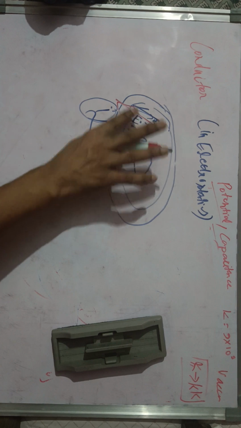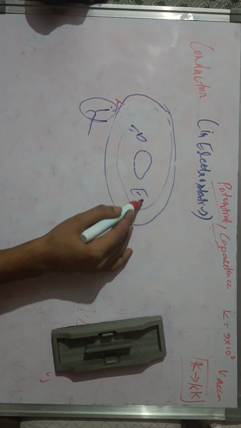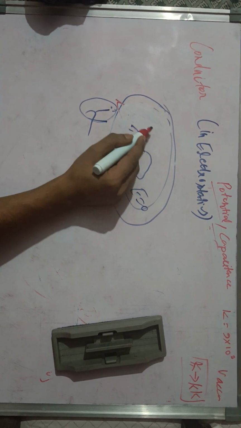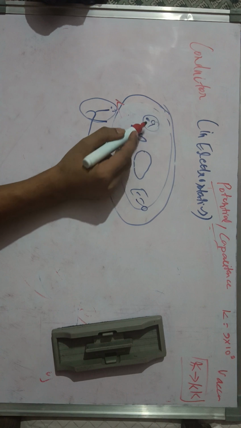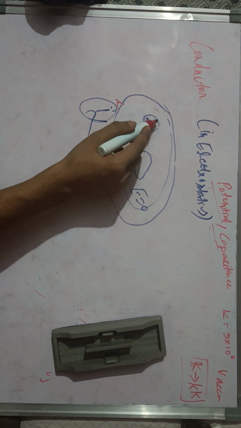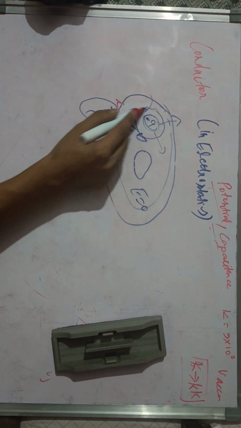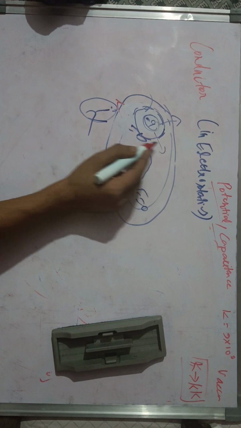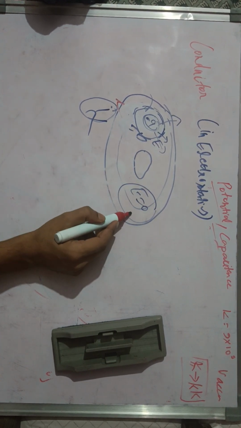Now the electric field inside this conductor will be zero in electrostatic condition, and let's say there is some positive charge q here. If I draw a Gaussian surface here, there will be some flux coming out of it, so there must be some electric field in this region also. If there is some electric field in this region, this will violate this condition.